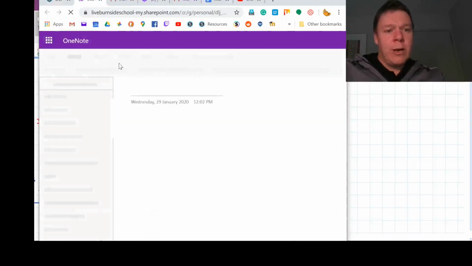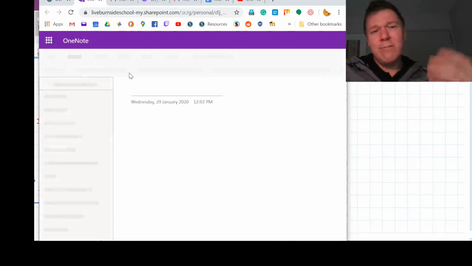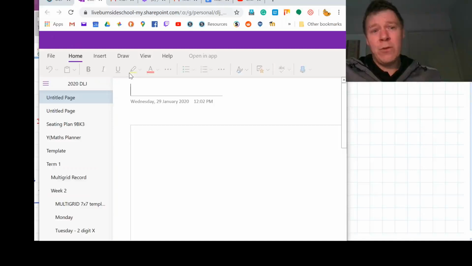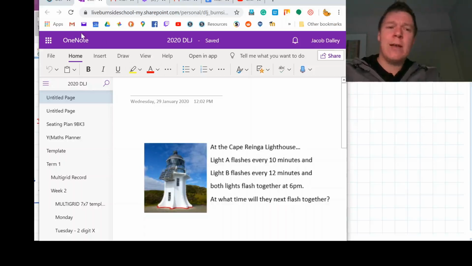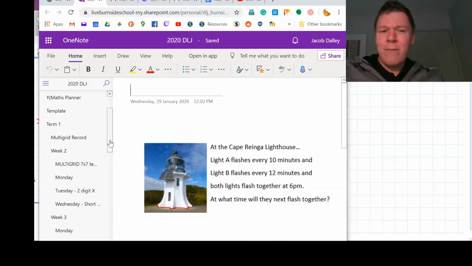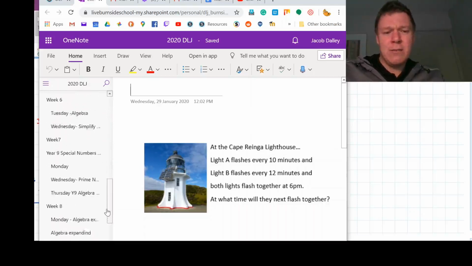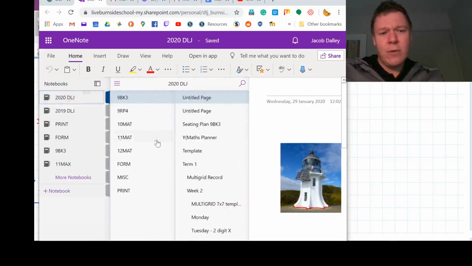So that should bring you to the OneNote, which may not work for some of you. I think you have to have a Microsoft account. Some of you might be using iPads and stuff like that, so you may not have a Microsoft account because OneNote's a Microsoft program. But you can sign up for all of that if you want to, and that's just a way of accessing all of my content that I've done for all my classes.